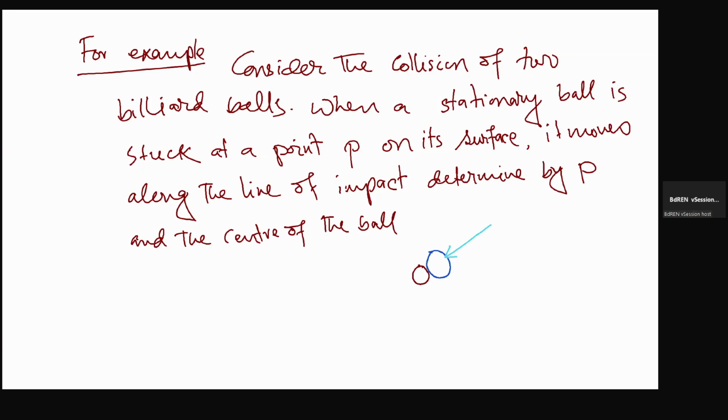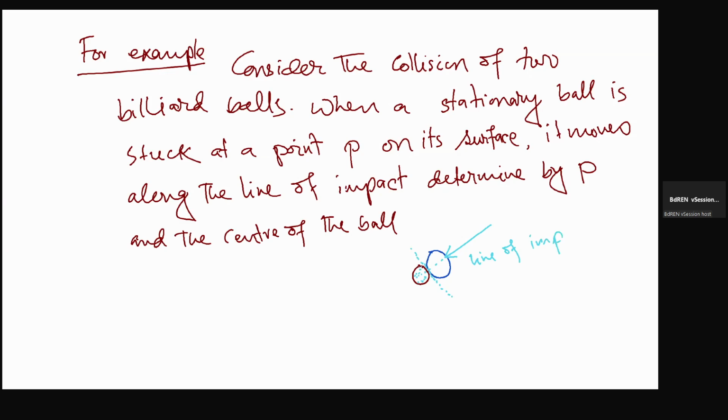This is striking the red color ball along this line. This is called the line of impact.